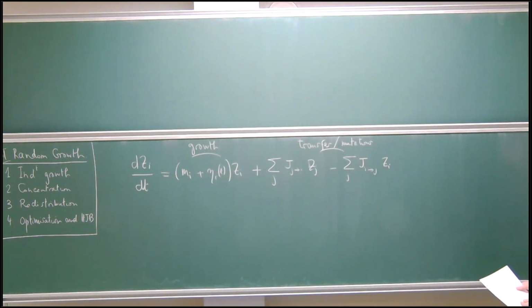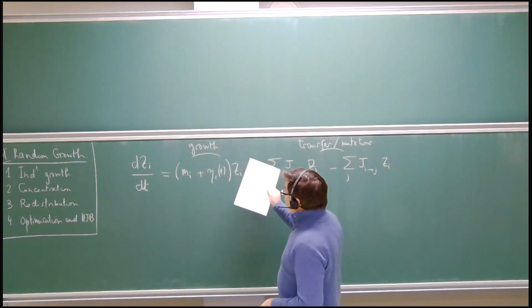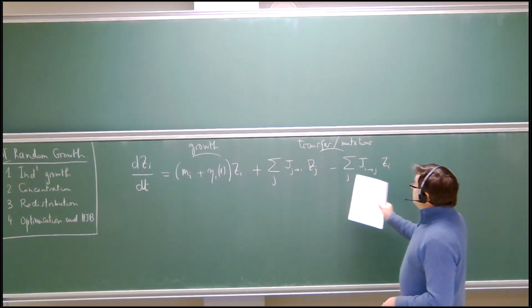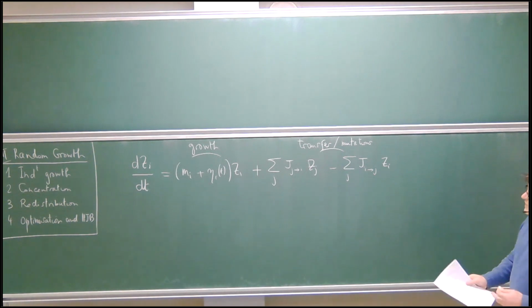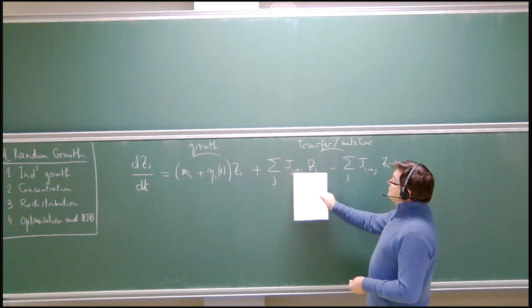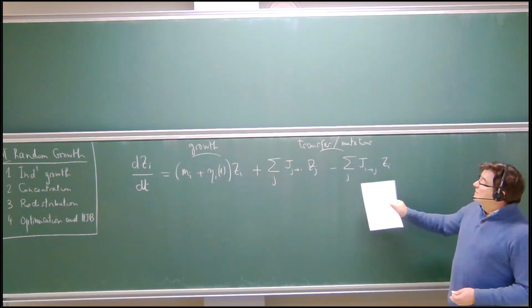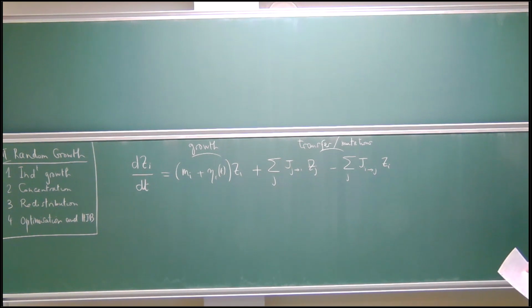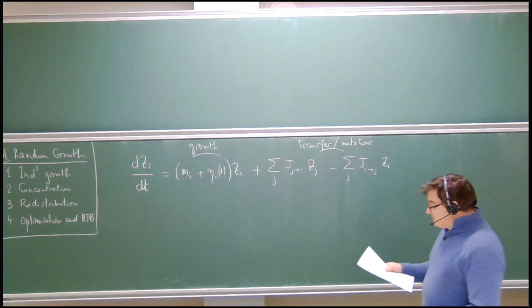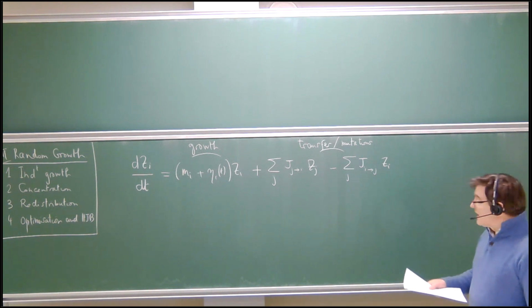In terms of wealth, i is an individual, Z is their wealth, so there's a growth term. And then by trading, part of their wealth can be handed over to other individuals, or vice versa. They can get richer by getting the wealth of others through trading. Of course, this is a very naive model, but let's assume that something like that happens.